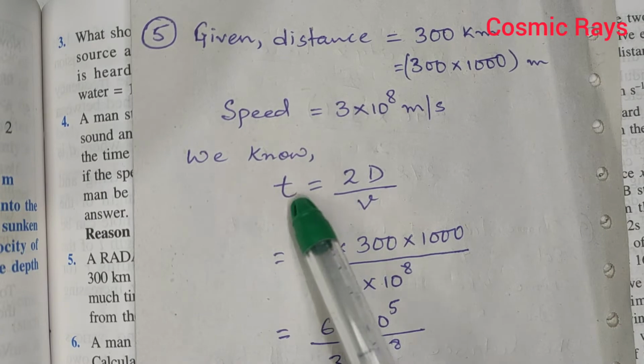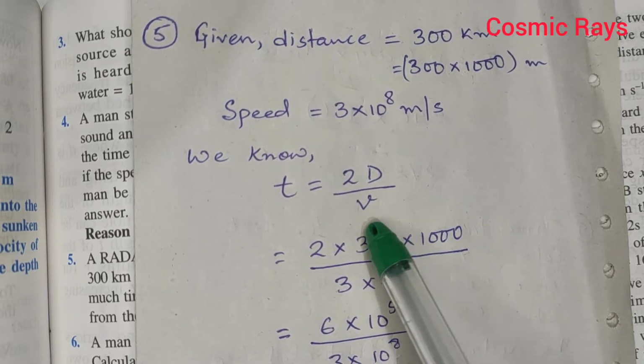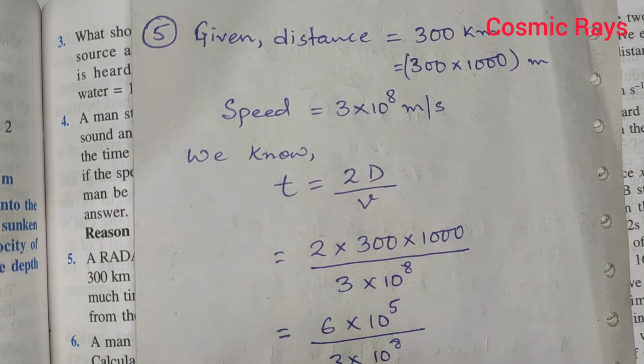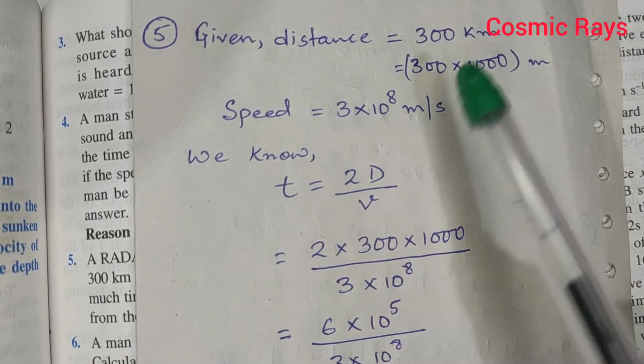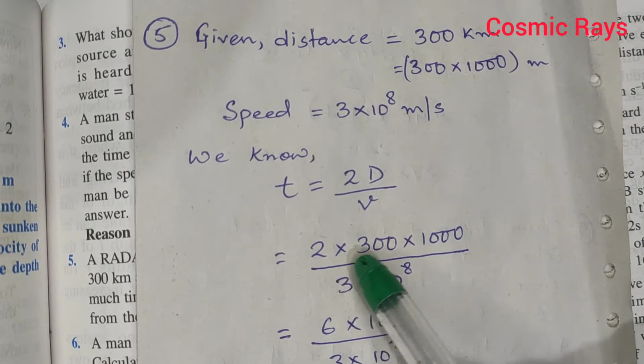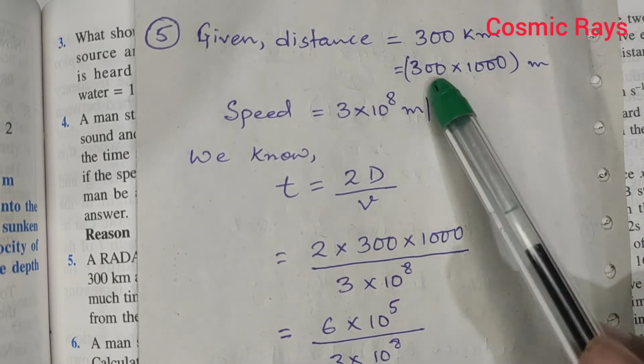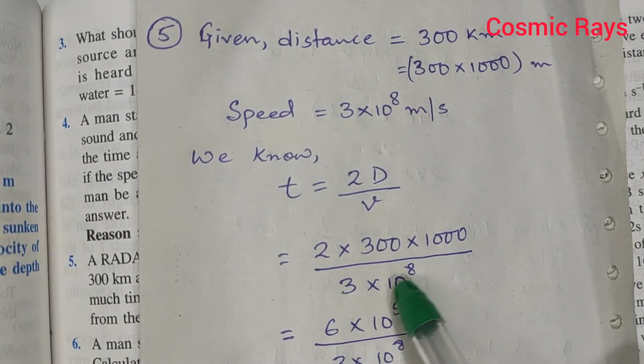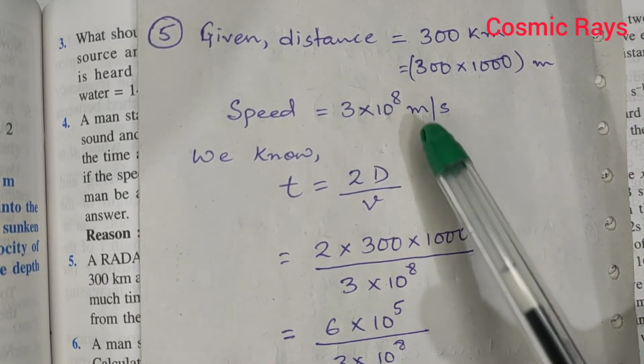Now we know that time is equal to 2d divided by v, that is twice the distance divided by the speed or the velocity. So we have the values given to us. 2 multiplied by 300 into 1000, that is we change the distance into meters, and then divided by the velocity, that is 3 into 10 raised to the power 8.